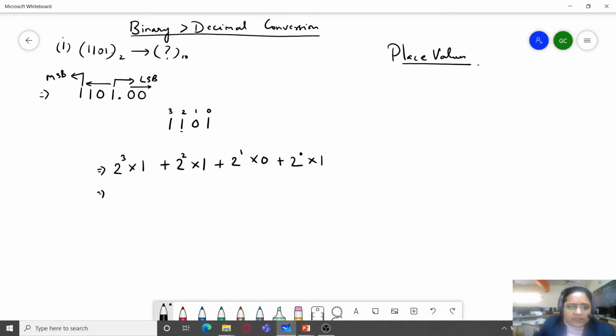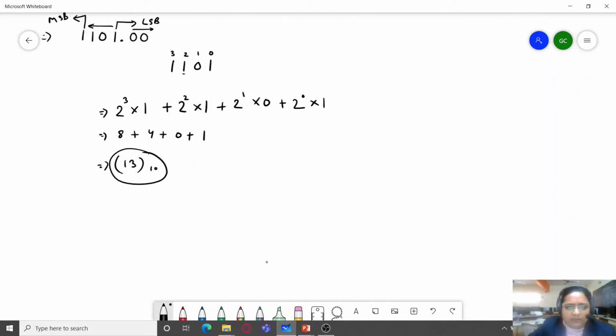So this is the number which we have taken, and now we will be solving this. So the decimal number corresponding to this binary number is 13. So it was a very simple number.